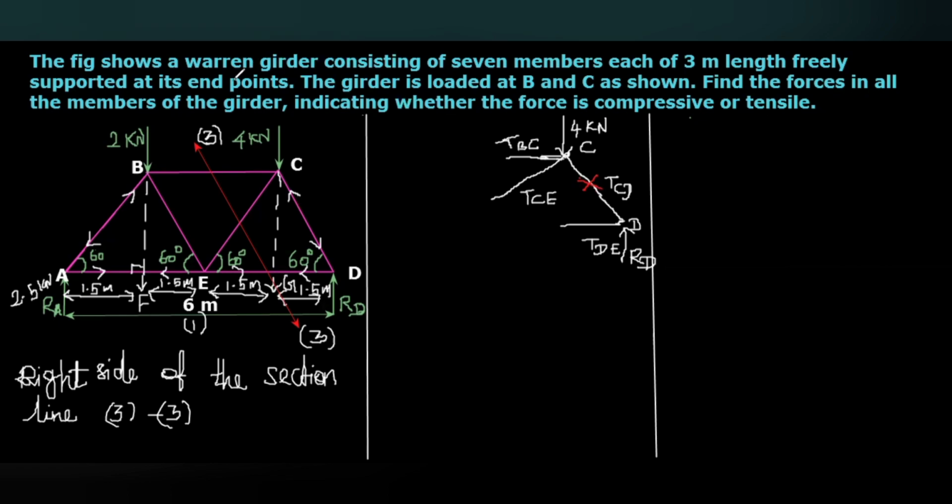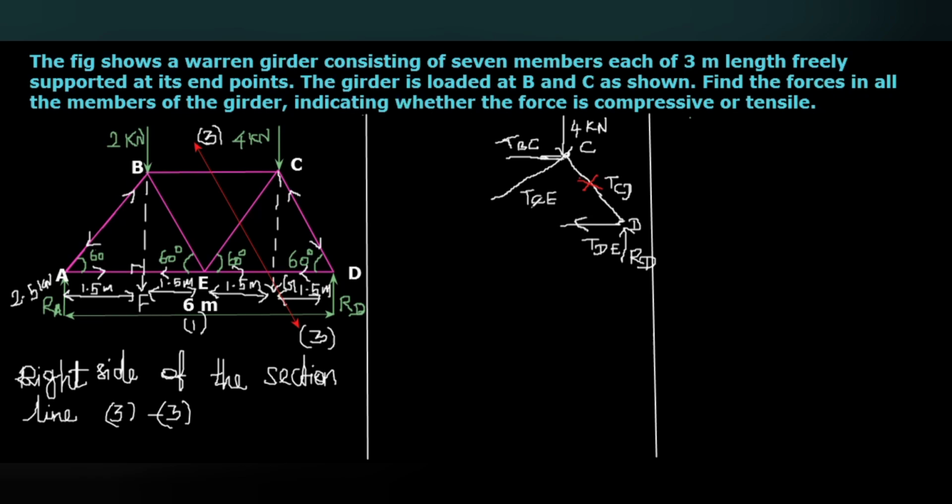As usual, here we are going to take moment about the point E or point B, to calculate the unknown forces. Here BC and CE, these two are unknown. TDE we already know, that is outwards from the point D, and the value also we calculated.